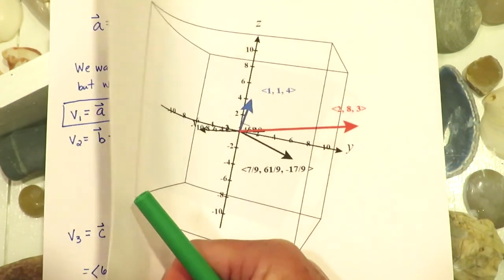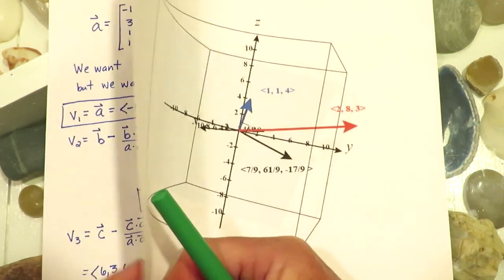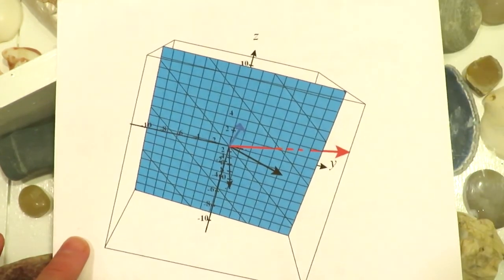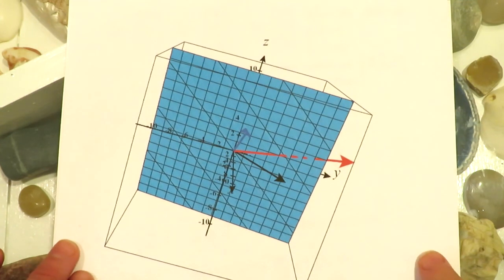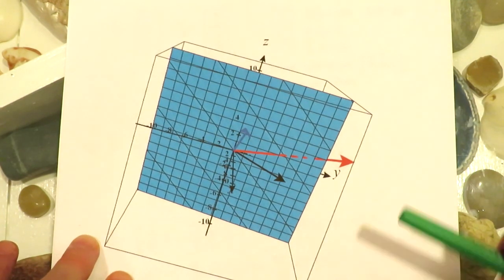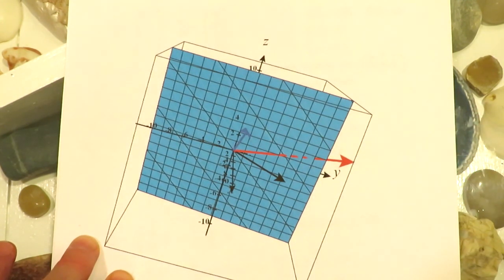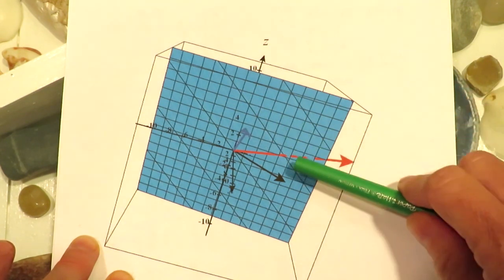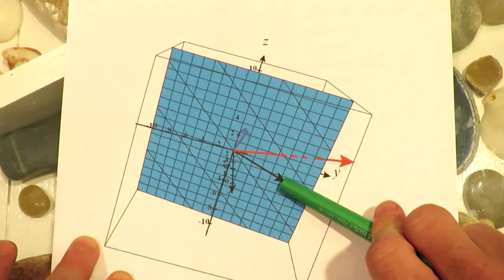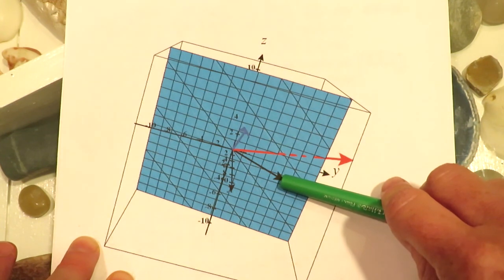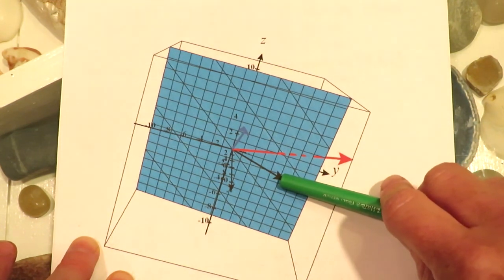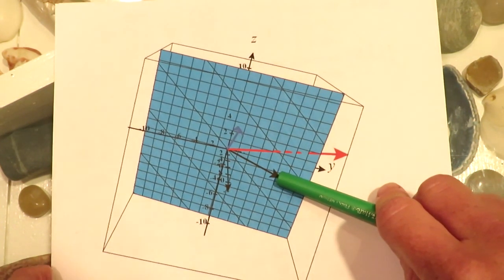You also can tell that those vectors fall in the same plane, the plane that contains all three of them. So vector A and this new vector V2 span the same space as A and B, but they are perpendicular to each other.